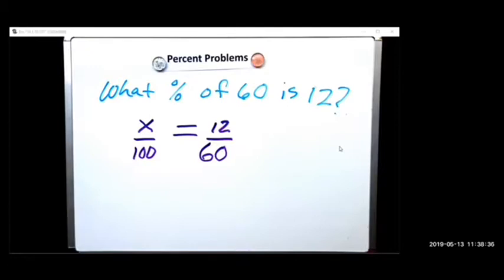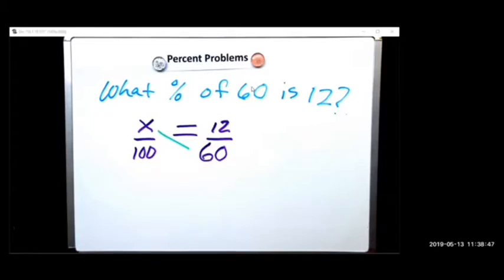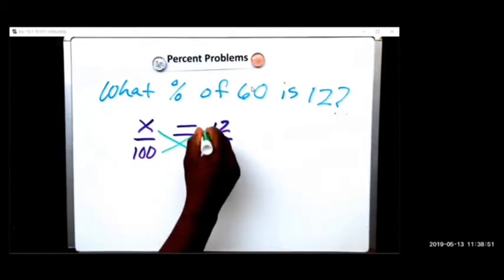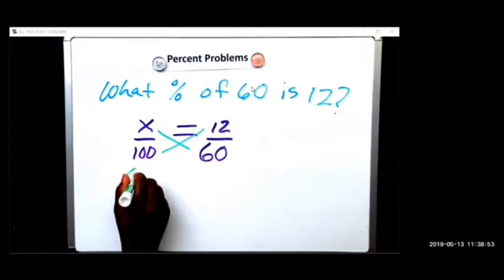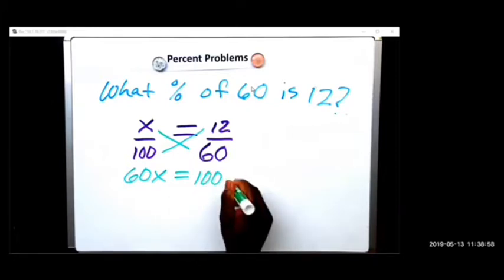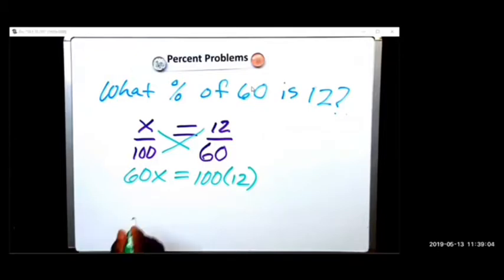So we get 60 times x is equal to 100 times 12. 60 times x equals 100 times 12. We bring down the 60 times x equals, and we're going to get 1200.